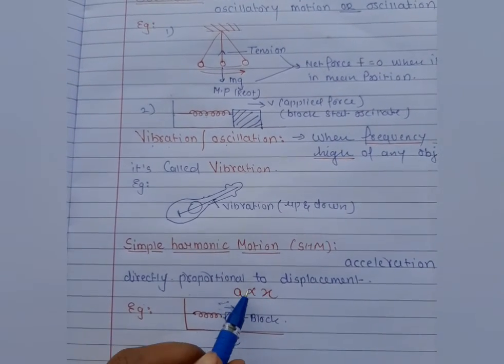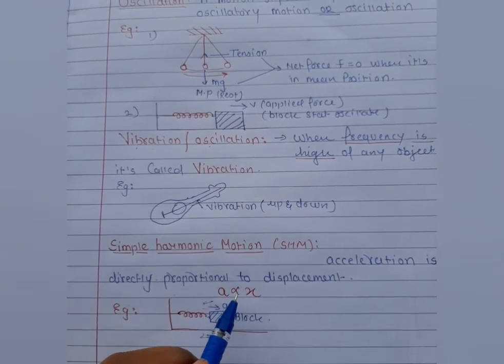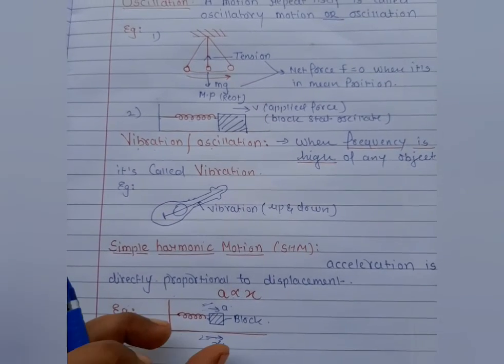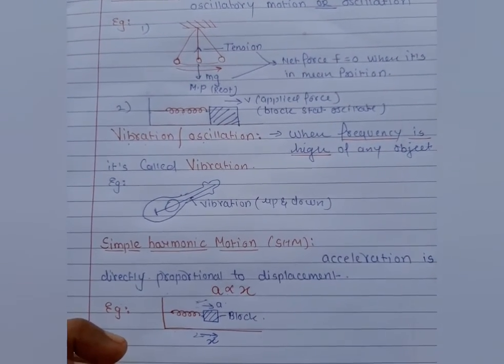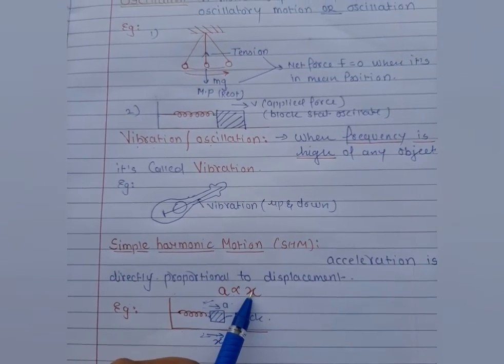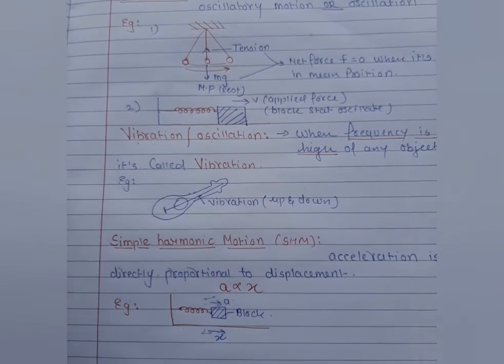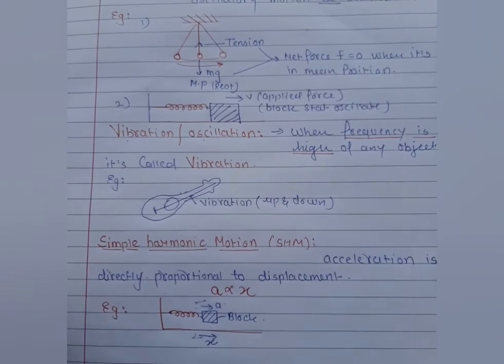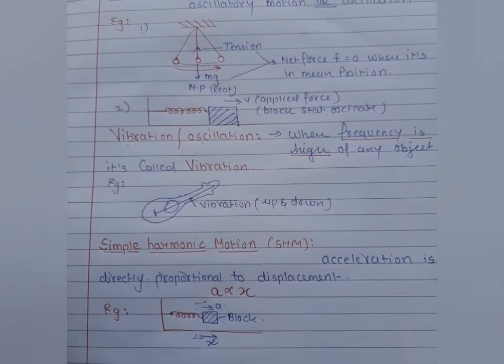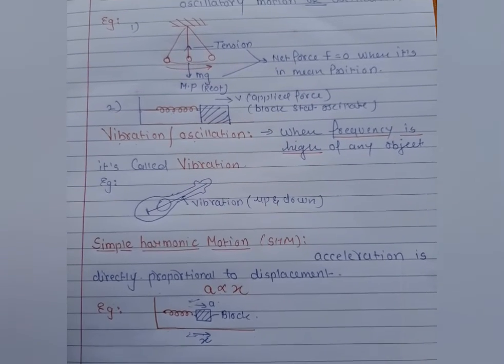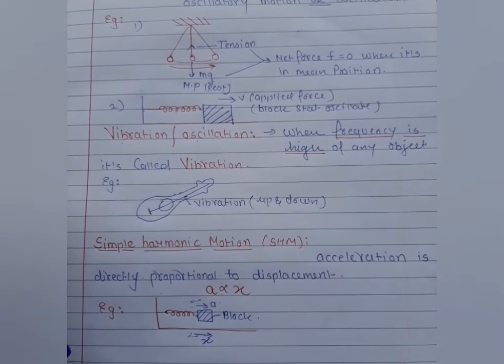It means acceleration is directly proportional to displacement. So when we have any example where acceleration and displacement are directly proportional, in short, that example is nothing but a simple harmonic motion example.